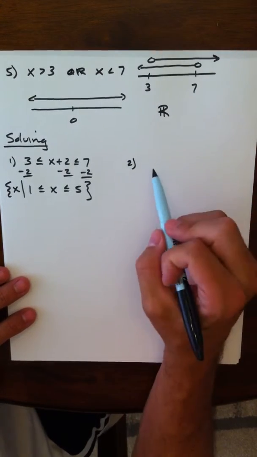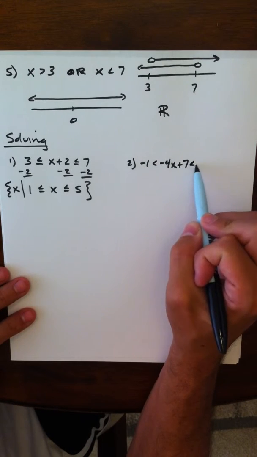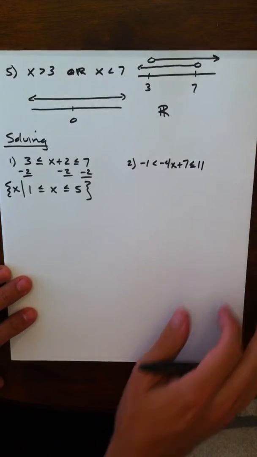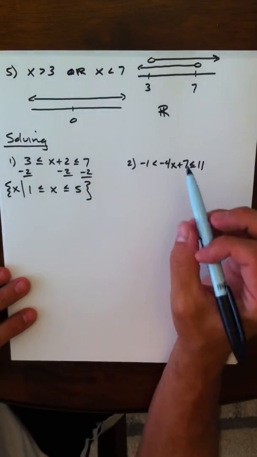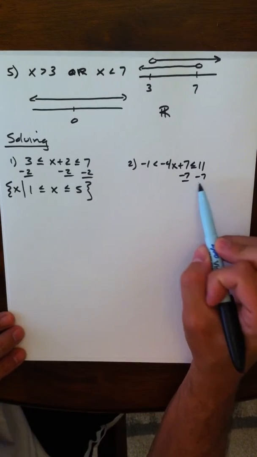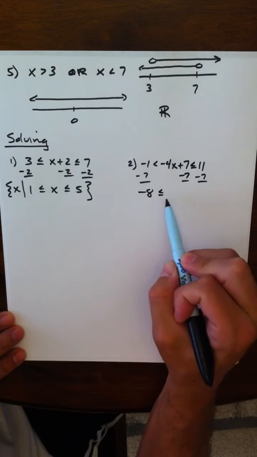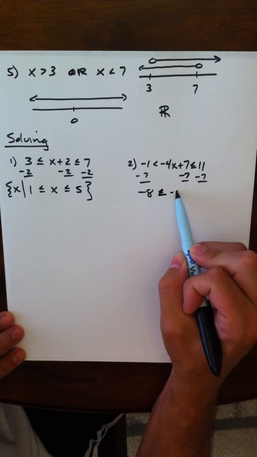Let's try one more. What about this? Okay, so let's go through and solve. So I'm going to subtract 7. So I got negative 8 here. Oops, it's just less than.